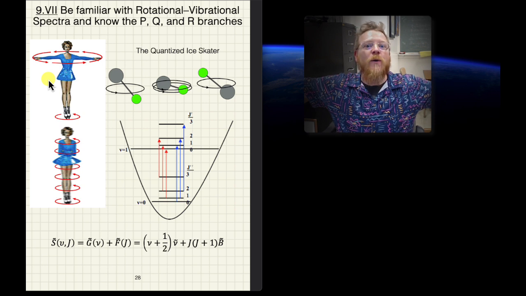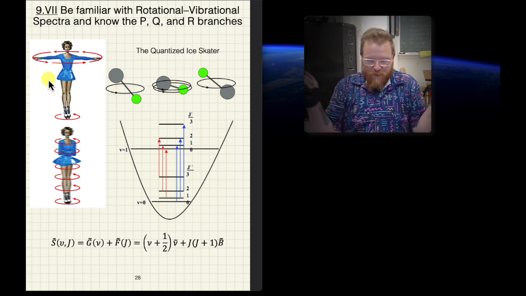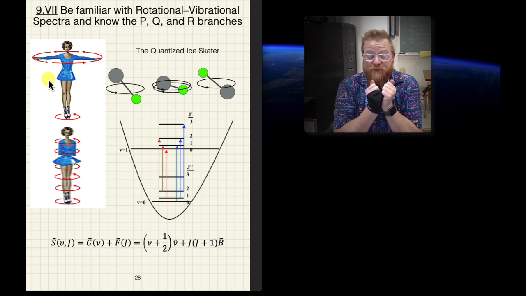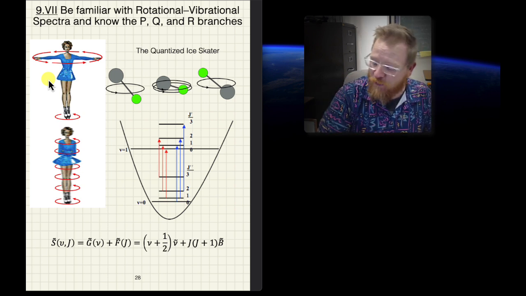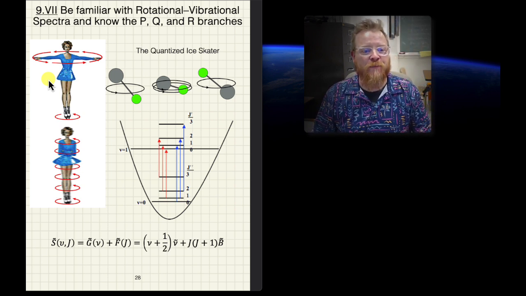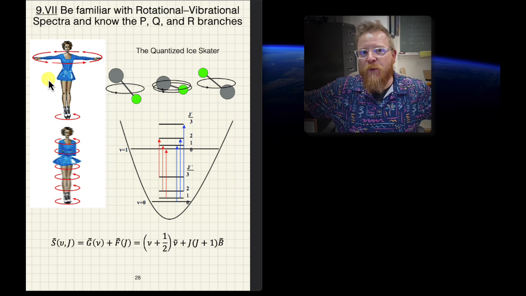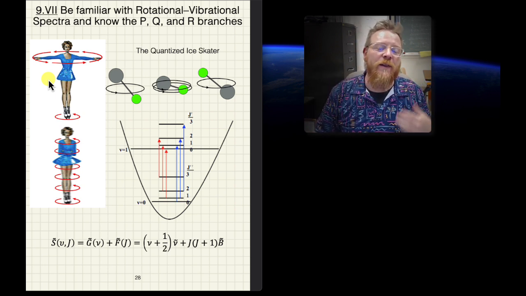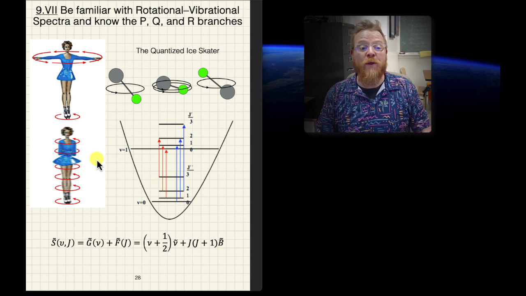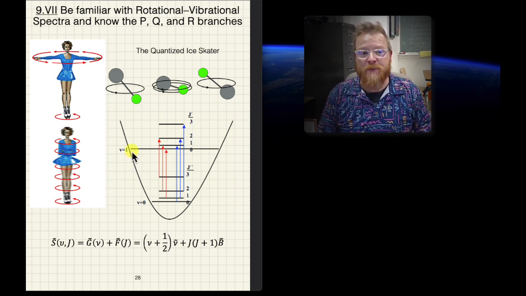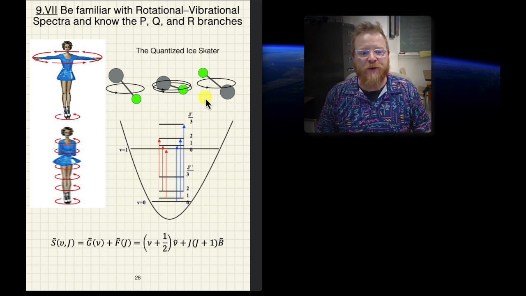I think we all know commonly from either observing this or doing it ourselves, when they bring their arms in, they will increase their angular momentum. And in the case of molecules, that vibration of elongating the bond and compressing the bond will intimately couple with those rotational moments, as the picture is shown here.